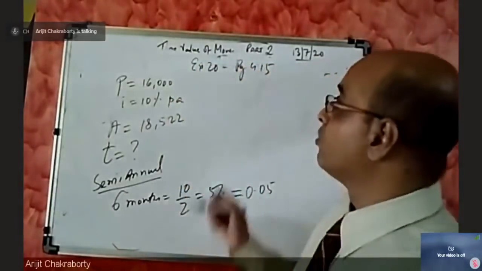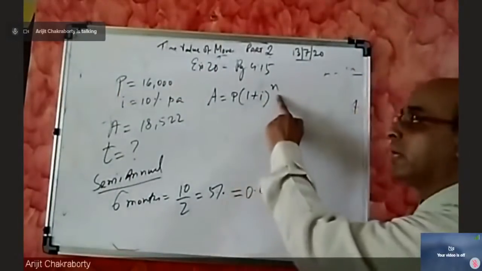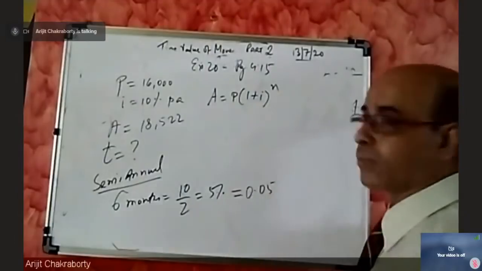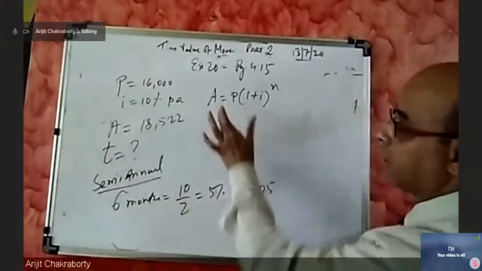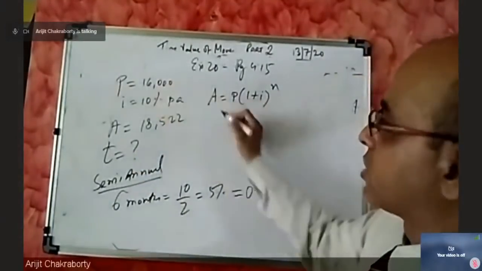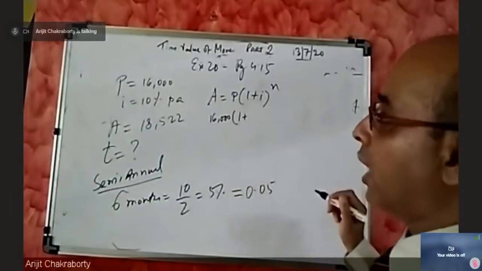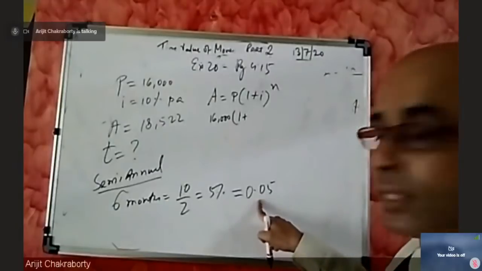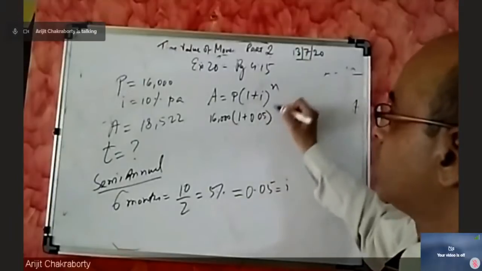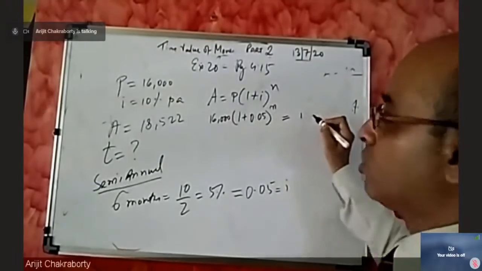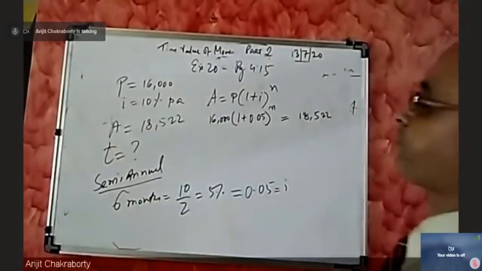Now we have the formula, A equals P into (1 + i) to the power n, where n is the number of conversion periods and i is the interest rate per period. If you put the values in the formula, P is 16,000, so I write 16,000 into (1 + 0.05) to the power n, equal to the amount A, 18,522.